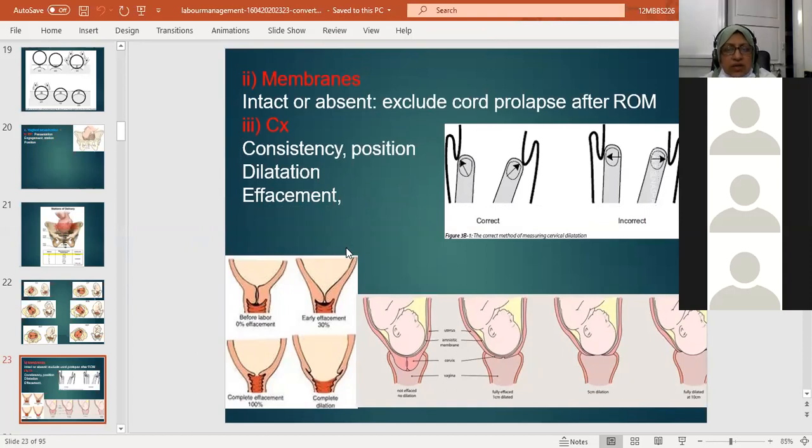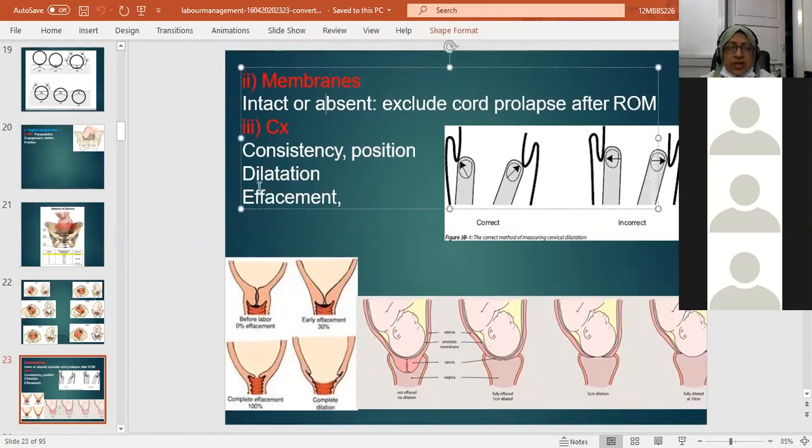So after this, on the vaginal exam, apart from the consistency, position, dilatation, and effacement of the cervix, we assess whether the membranes are intact or not.